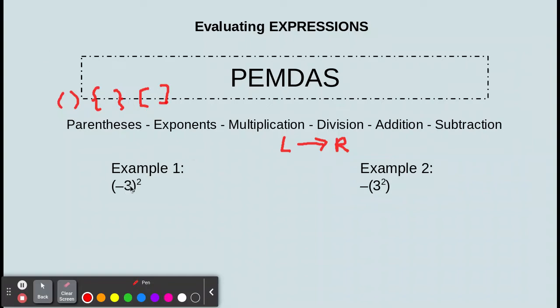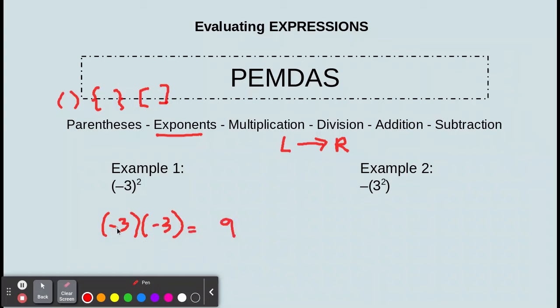So in this example here, we only have an exponent. We have a negative 3 times a negative 3. Remember, an exponent tells you how many times you're going to multiply this base number together. So there's a 2, so we're going to do it twice. A negative 3 times a negative 3 is 9.